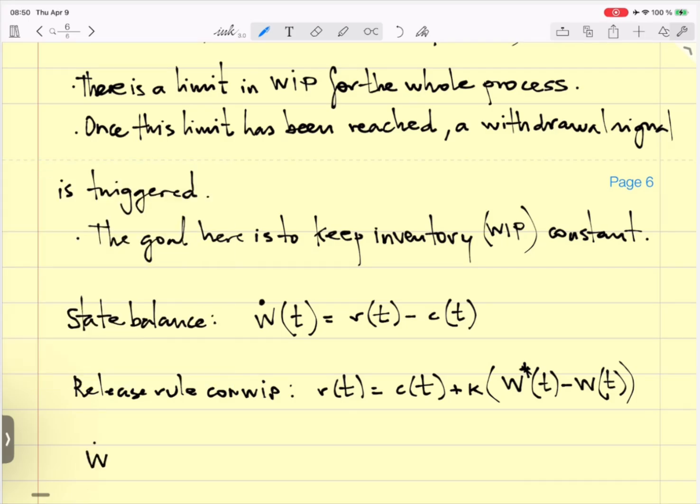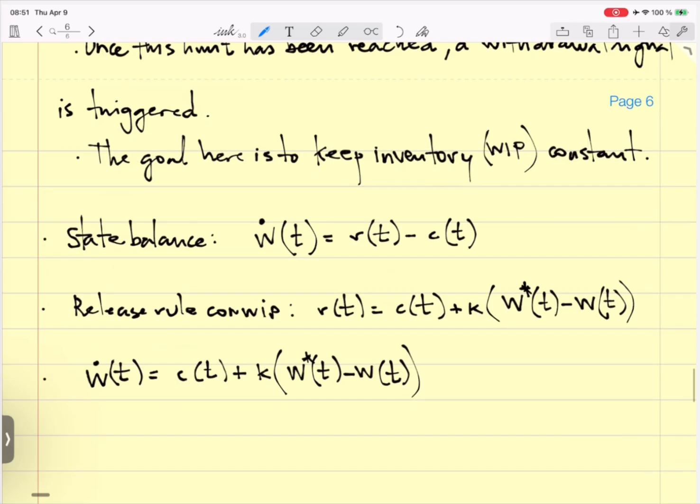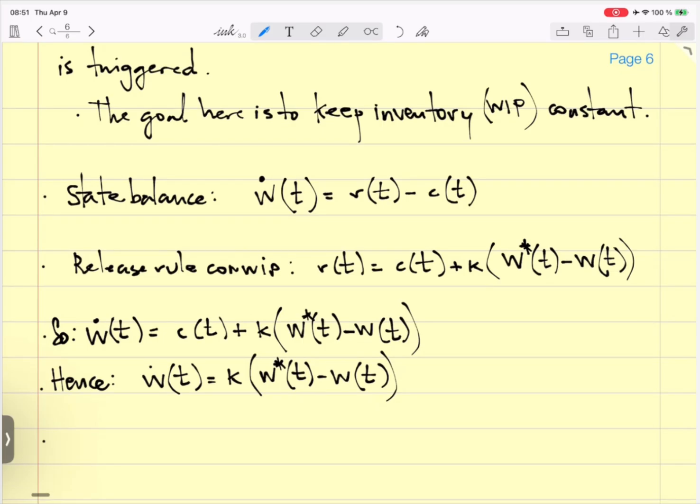So W dot of t is C of t plus k... Okay, so what we get is that W dot of t equals k times W star minus W. We apply Laplace again.